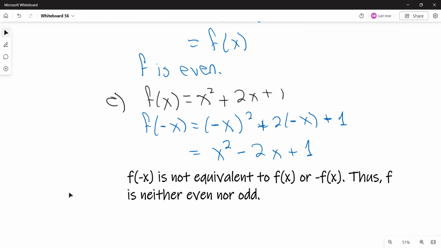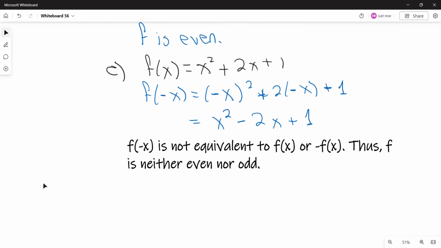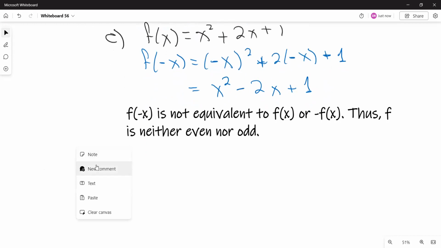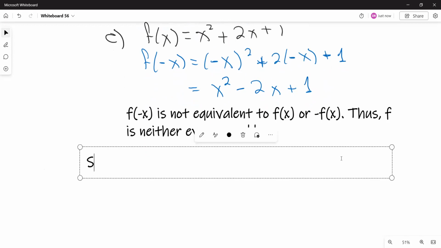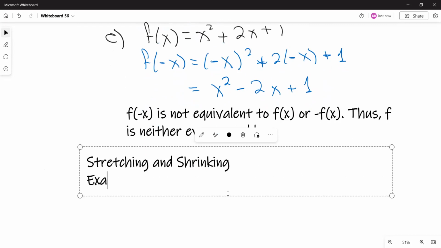And the last type of transformation is going to be stretching and shrinking, or stretches and compressions. Just like translation, we're going to have vertical stretches and shrinks and horizontal stretches and shrinks.